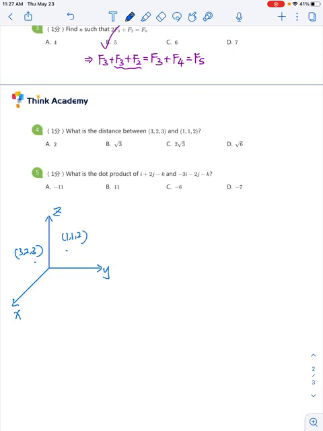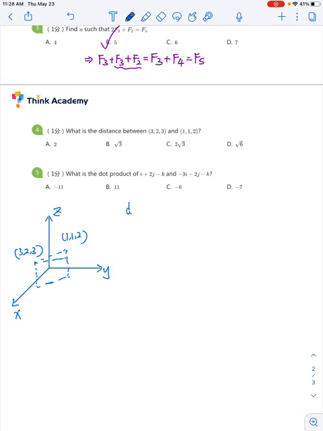You can see that the distance between these 2 points can be represented like this. If you think about the three-dimensional coordinates, we can take the differences in x, y, and z values. You can imagine you have a rectangular prism, and you try to find the length of the diagonal. So what we can do here is take the difference in each of the coordinates.